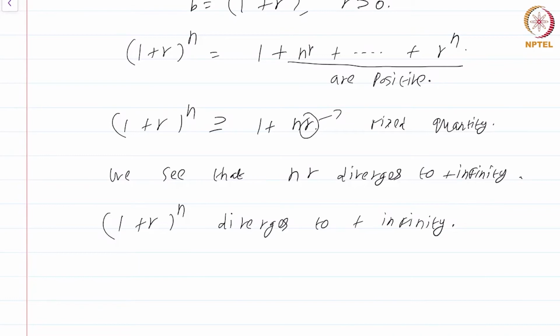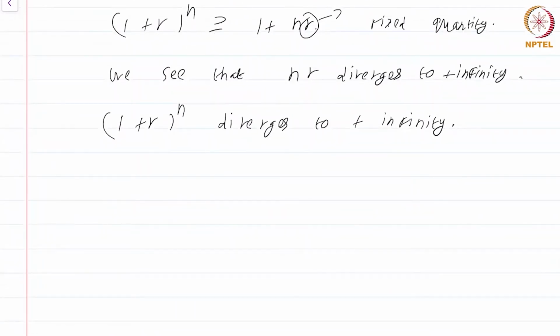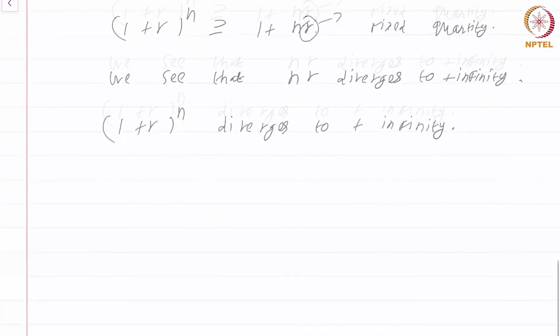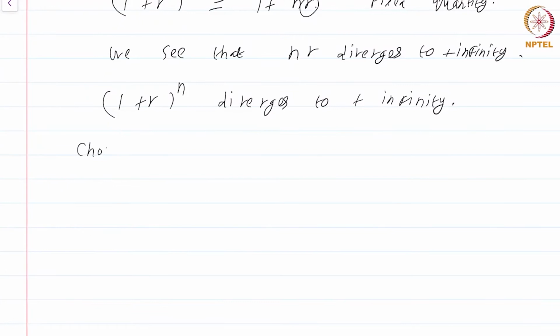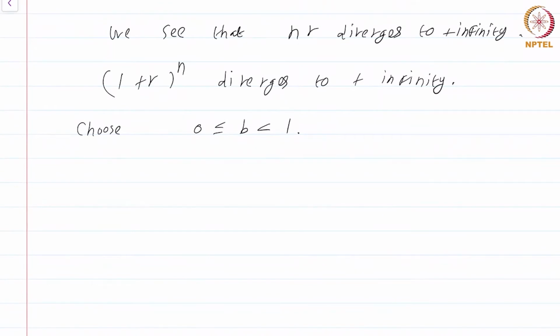Now, we have dealt with the case when this number b is greater than 1. Now choose b such that 0 is less than or equal to b is less than 1. Now, how do you deal with this case? You might be tempted to write b as 1 minus r and take 1 minus r power n. Well, don't do that. Always try to use what has been shown so far.